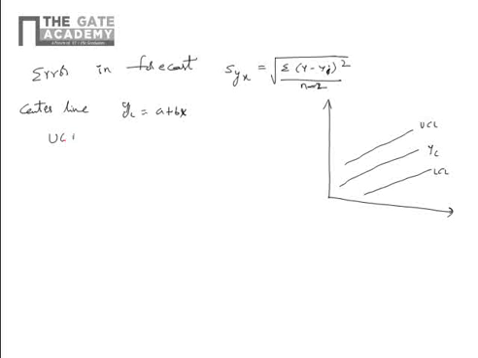Upper center line equals yc plus z syx, standard error of y on x. Lower center line equals yc minus z syx. Z is a number dependent on the normal distribution curve.